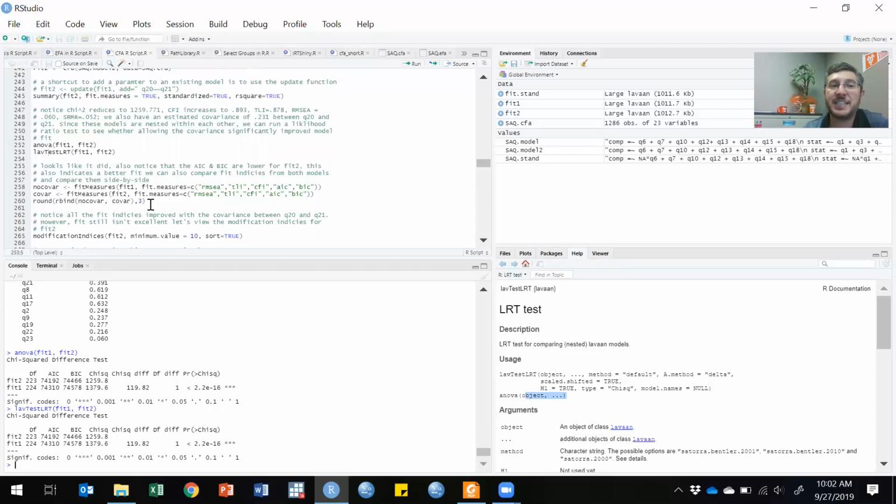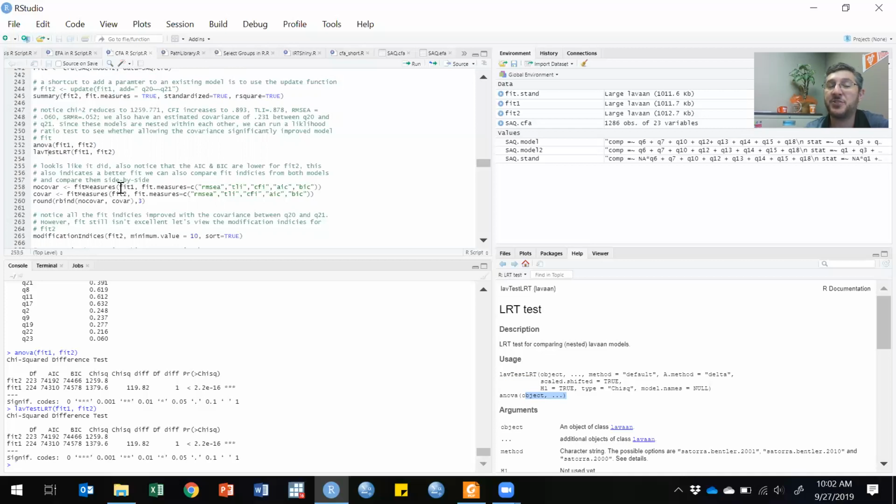I've also got some syntax here where we only look at the likelihood statistics. The AIC and BIC are also based on the log likelihood. We can compare some fit indices between them, so that's what I did here. I saved some of the fit measures.